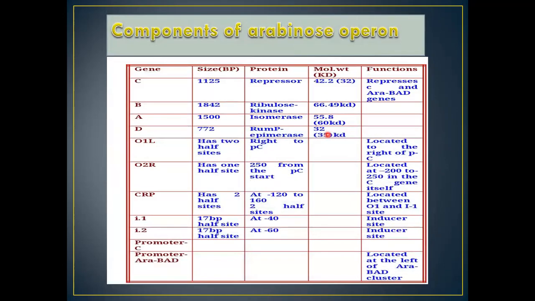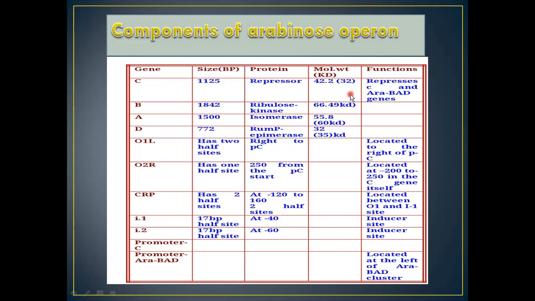The components of the arabinose operon are listed below: genes C, B, A, D, operator O1 left, operator O2 right, CRP, I1, initiator 1, initiator 2, promoter C, and promoter ara-BAD. Each has the following base pair size. The C gene has 1125 base pairs, and the protein is a repressor with a molecular weight of 42.2 kilodaltons.